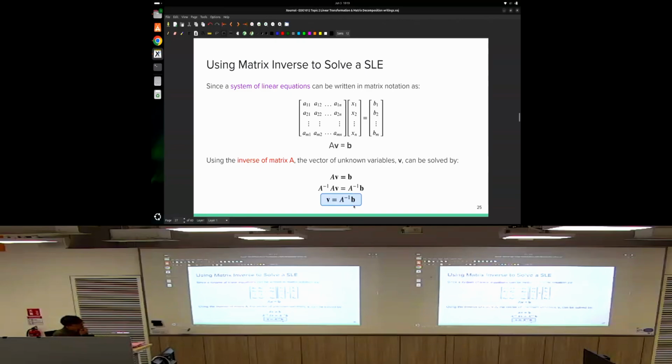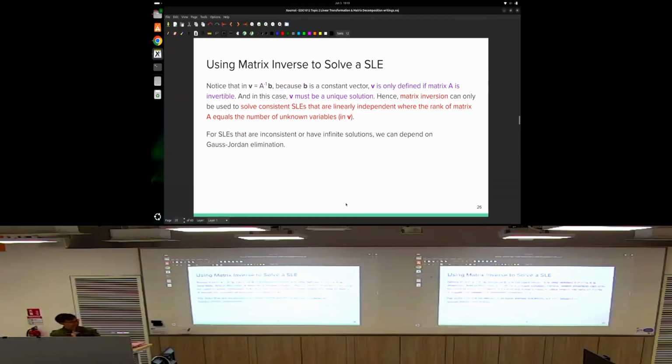So indeed, if you can compute the inverse of matrix A, then you can just use a simple multiplication to obtain your solution. There is no need to do the row operations, which is sometimes very tedious. Although this is efficient, if you know the inverse of the matrix, then it's super efficient to solve for the unknown vector v.